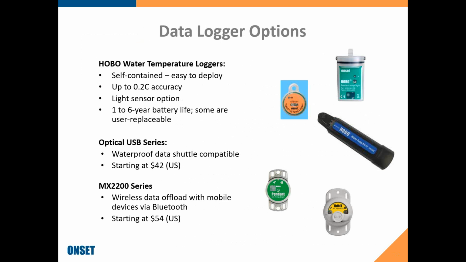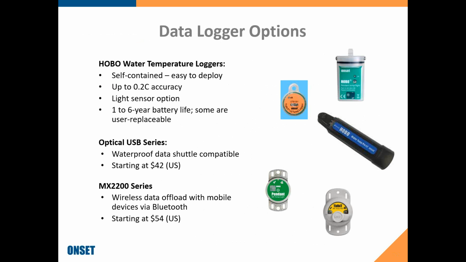We're known for our self-contained data loggers, which are really easy to deploy. They've got the memory, the measurement sensors, the battery, everything built into the same logger. We have loggers with up to 0.2 degrees Celsius accuracy. We have some with light sensor options.